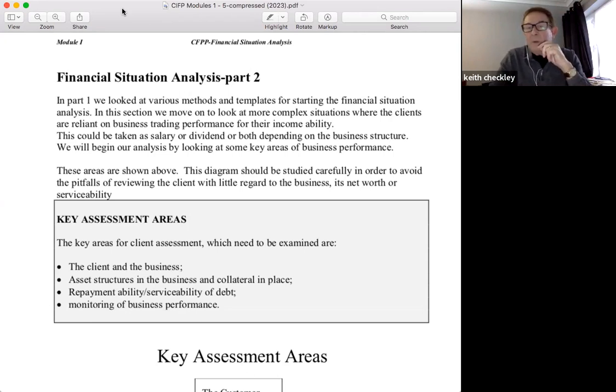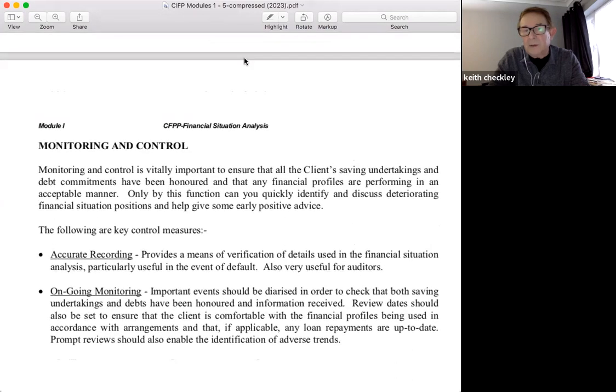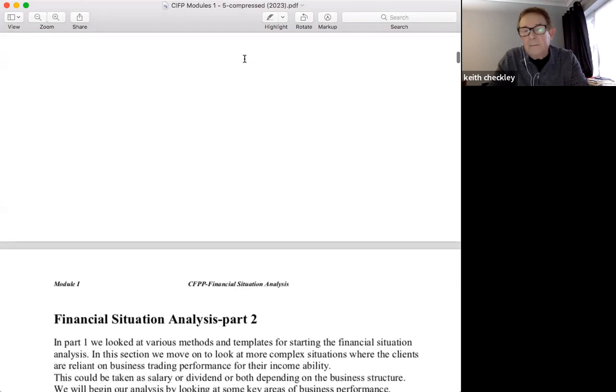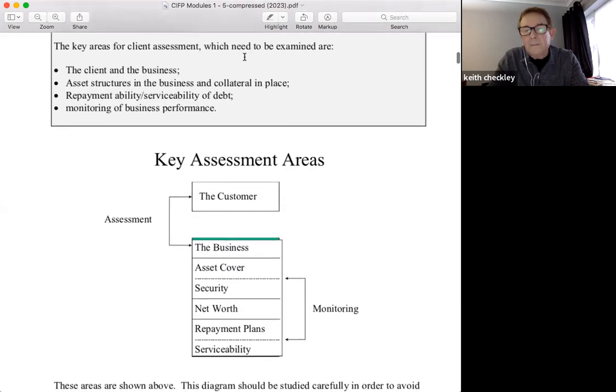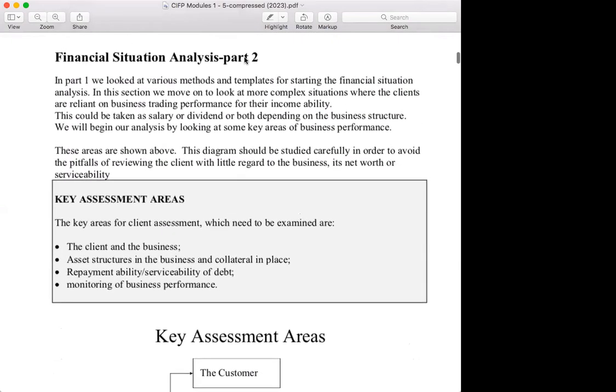Okay, so in part one, I hope you can find this. Let me just check the page number. It's page 19 in the PDF file, and follows on from the monitoring and control we were talking about. Which page is it in the book?